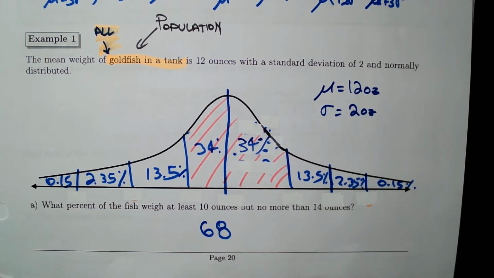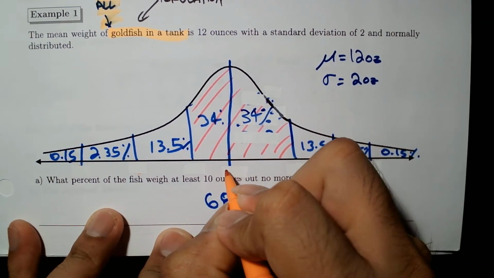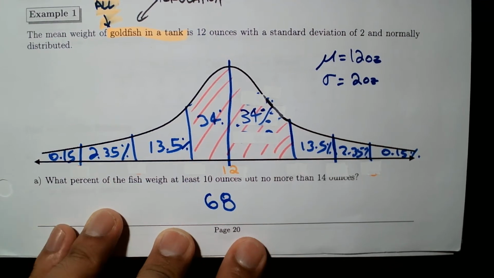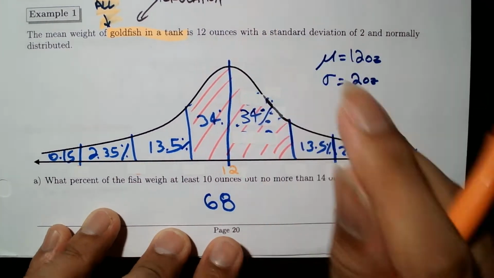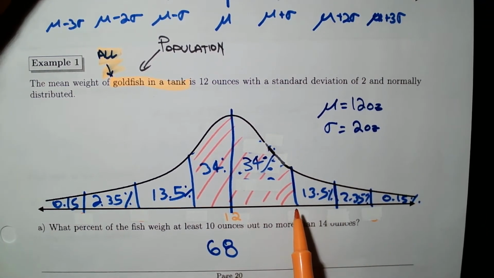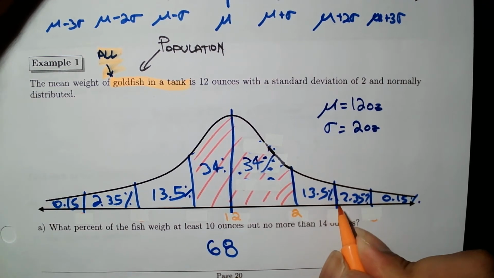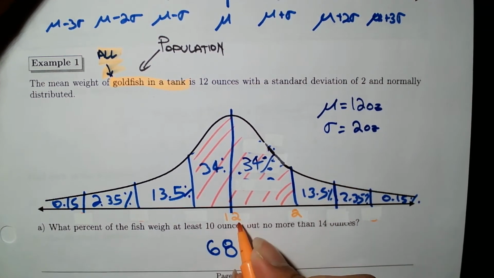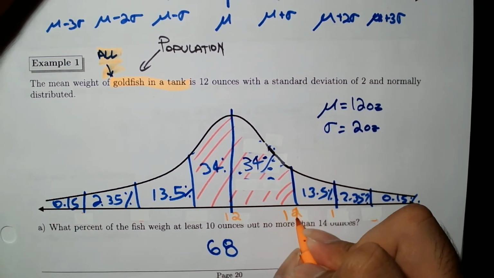This means that right in the middle we are going to have the number 12, the 12 ounces. Then if I move one standard deviation, I'm going to add 2. For the next label, I'm going to add 2 standard deviations, or 12 plus 2 plus another 2, which is going to be 14 right here.